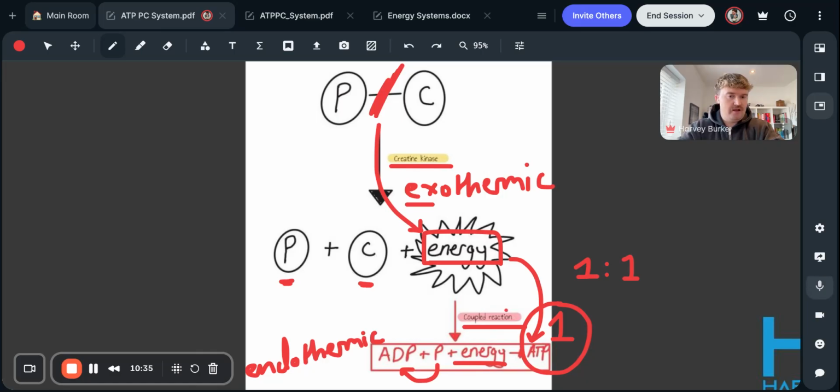And then you just throw in that phrase there that this is known as a coupled reaction, where the products of one reaction are used in a separate reaction. And then throw in the fact that this is all happening in the sarcoplasm as well. That'll get you a mark. And most of the time as well, more for OCR, you get a mark for just saying that it's anaerobic as well. So for acknowledging that it's not utilizing oxygen.